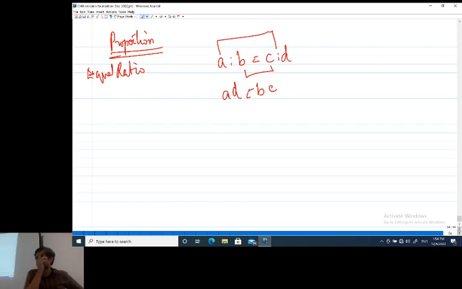The very complex ratio can be expressed in fraction. So when I write A by B equal to C by D, I am basically cross multiplying. When I cross multiply, my values will be equal. This is called the product rule.